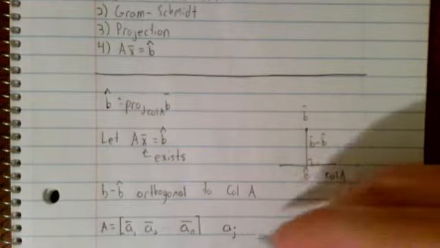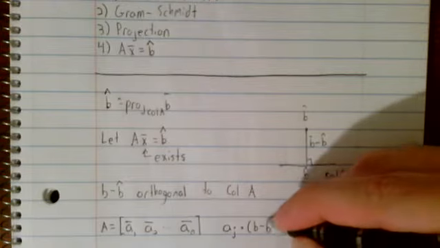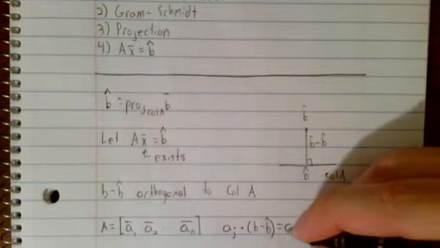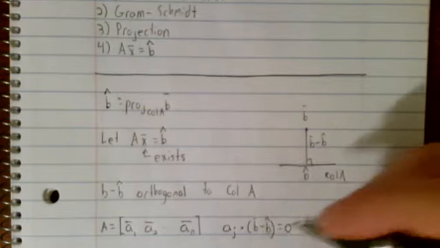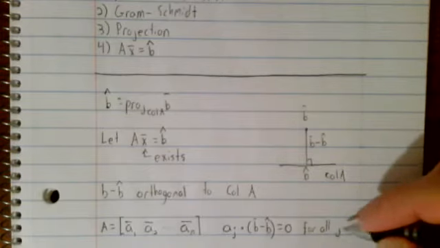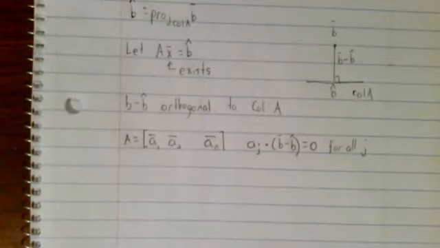So A sub j dot B minus B hat equals 0 for all of these columns. Okay, let me just move upwards to get a little space to work with.